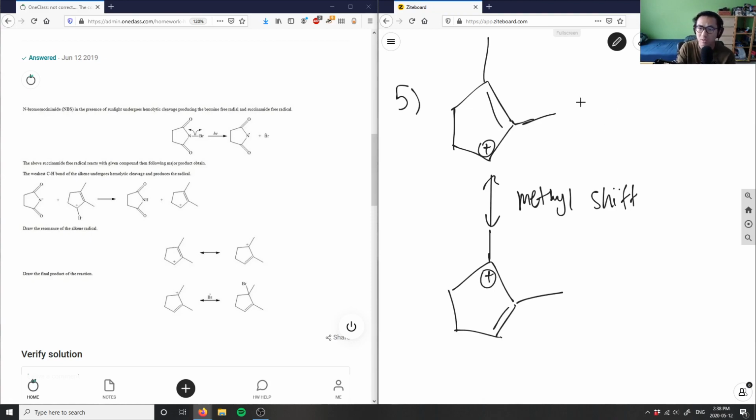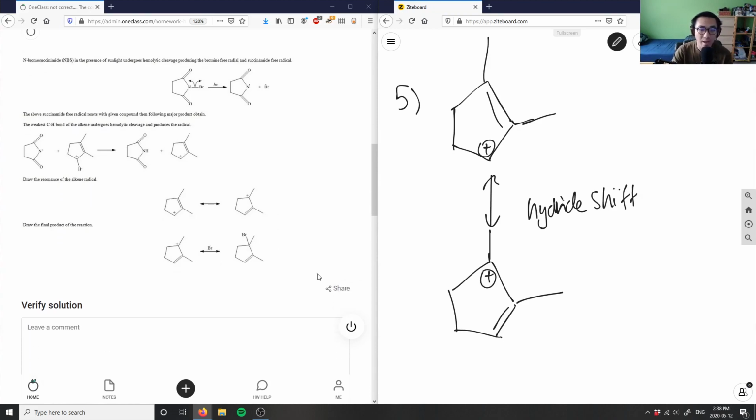So this here is actually, no, this here would be a hydride shift, not a methyl shift, sorry. I'm not shifting my methyl. This here would be a hydride shift, and this hydride is from, let's see, 1, 2, 3, 4, one of these hydrogens here. And then I have my Br, right? Again, I still have my Br here.